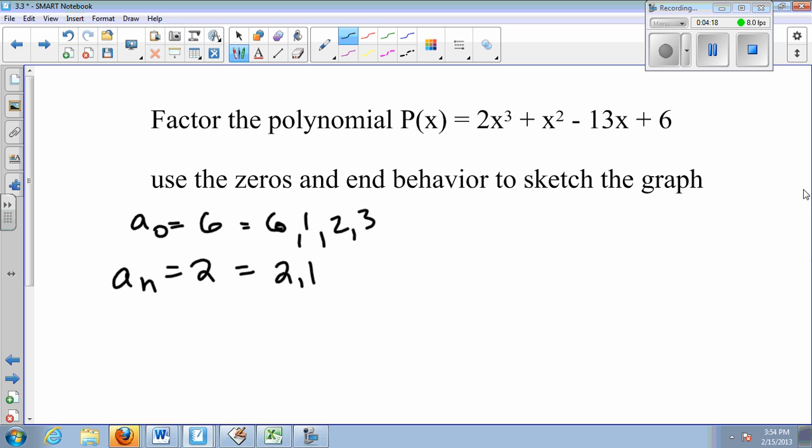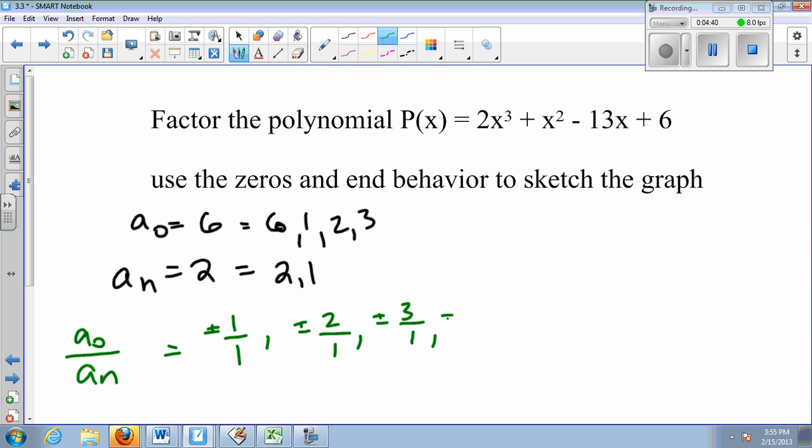So we need to list all the possible fractions. We could have plus or minus 1 over 1, plus or minus 2 over 1, plus or minus 3 over 1, plus or minus 6 over 1, plus or minus 1 over 2, plus or minus 2 over 2, plus or minus 3 over 2, and plus or minus 6 over 2.